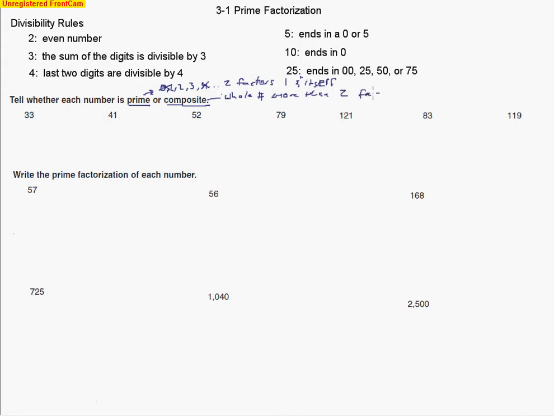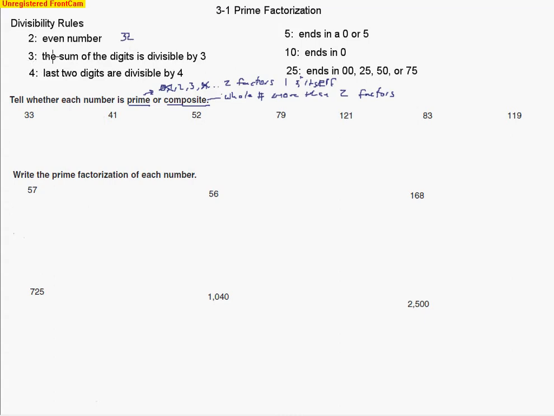So what we have to look at when we're talking about factors is we have to understand some divisibility rules. And so here are the rules that I would end up memorizing. I would know the divisibility rule for 2. If it's an even number, that means it ends in an even number, like let's say 32. That ends in an even number, so we can divide that by 2.